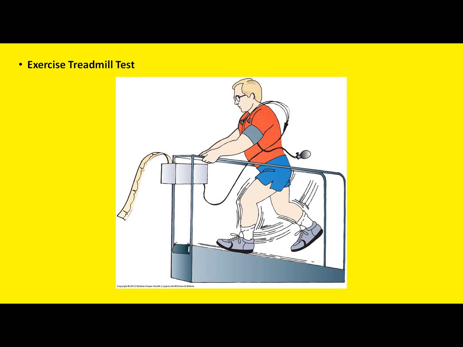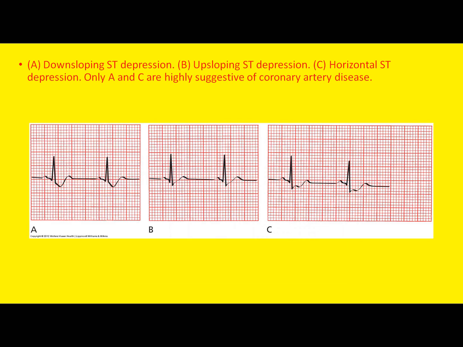So the treadmill test is a good test to detect heart problems. Sometimes you get false positives and false negatives, but generally it's a good test. You know what a treadmill test is, right? Okay, everybody knows? Anybody want me to explain that? Raise your hand if you need. No? Okay. So that's what you look for in this treadmill test.